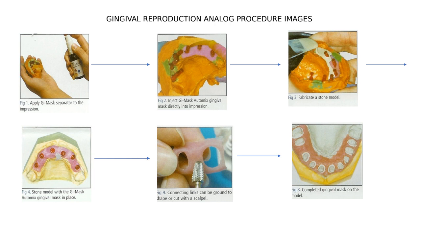Then we can pour up the stone, letting it completely set, and once we separate the model from the impression, we should have the gingival reproduction set into the model. If we need to trim it, there are special burrs that can be used, or also a very sharp blade can be used for trimming.